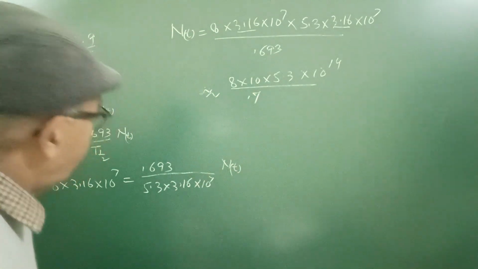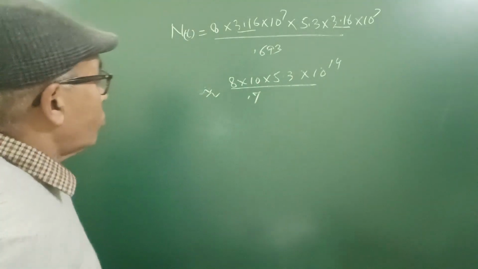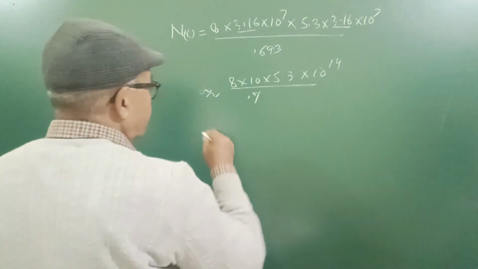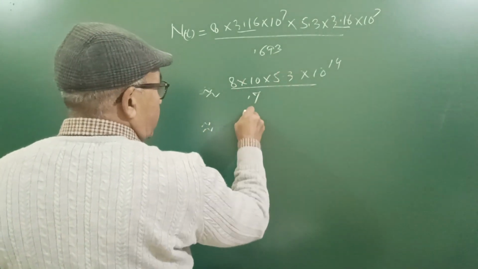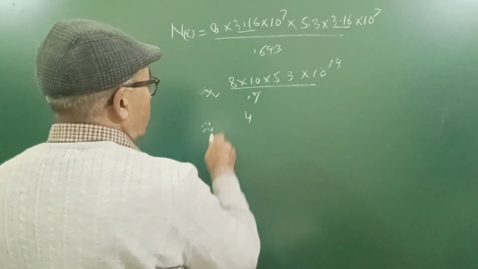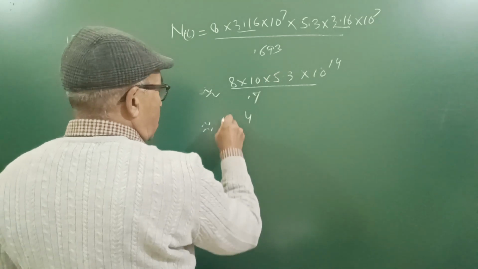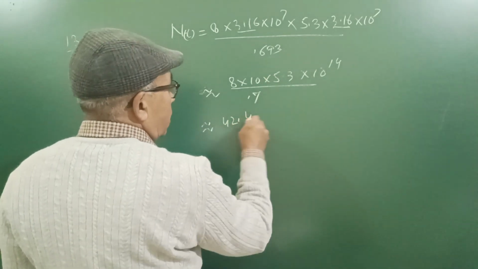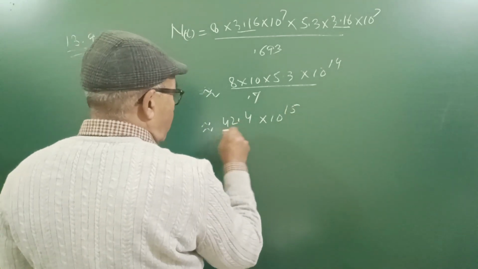Then again very simple here. 8 fives are 40, and 2 makes 42. 8 threes are 24, carry 2, into 10 to the power 16, 15 upon 0.7.